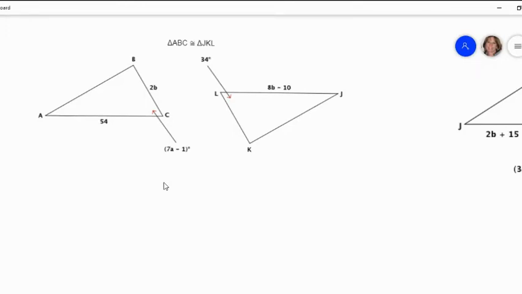So A is going to be congruent to J. B is going to be congruent to K. And C is going to be with L. So therefore, it sometimes helps to go ahead and mark all those sides, because once you've done that, then you can go around and figure out what lines up with other stuff.